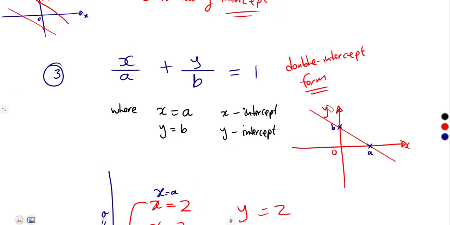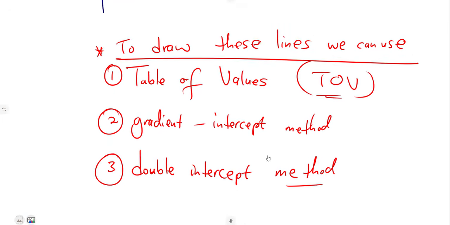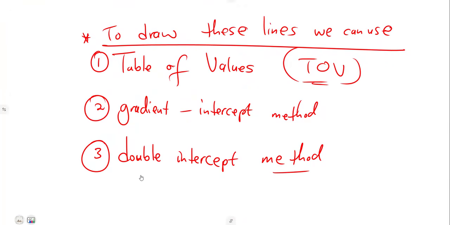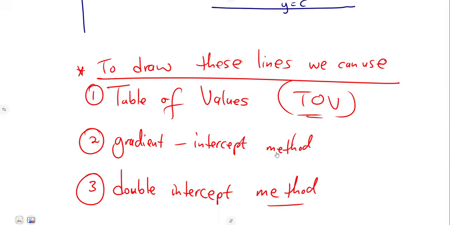If you see something in this nature, x over 2 plus y over 3 is equal to 1, you know that you are dealing with a straight line. It is just a form. Here it is now a method used in drawing straight lines. So do not mistake that.